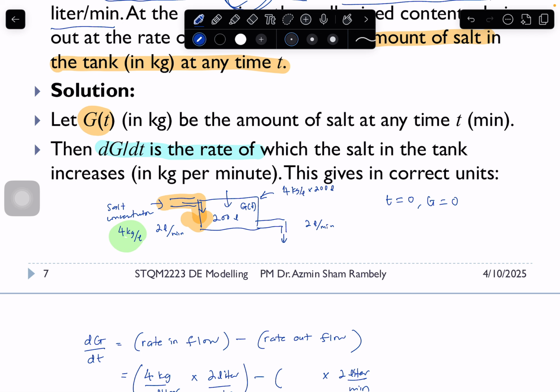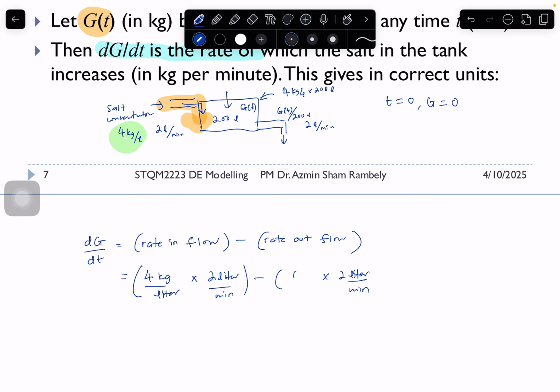So we're going to call it G of T per 200, because it is being diluted by the amount of salt in the tank.